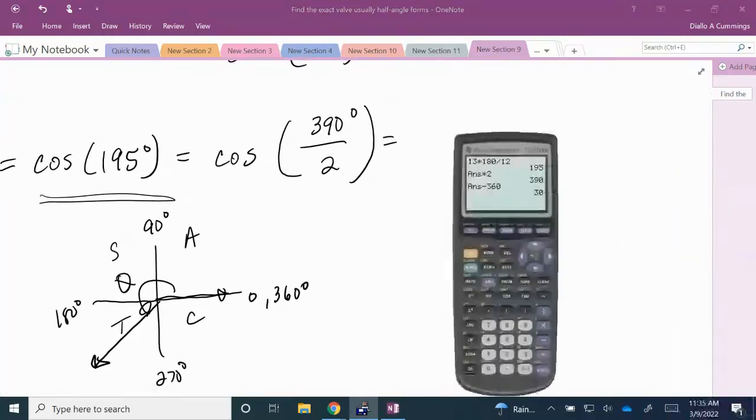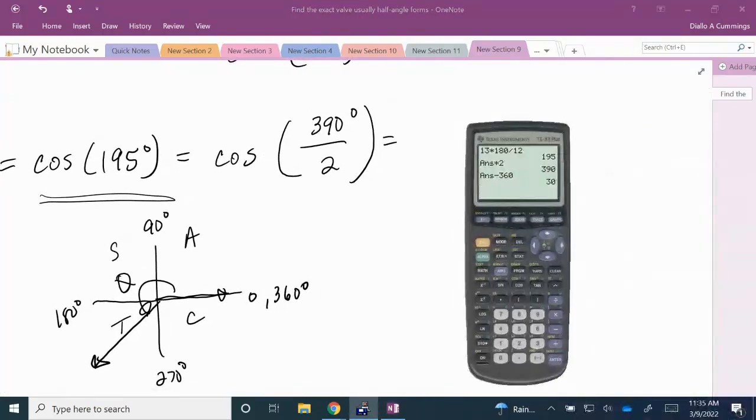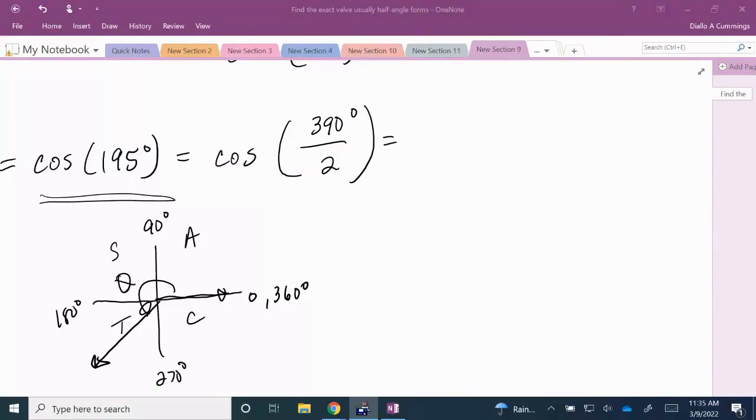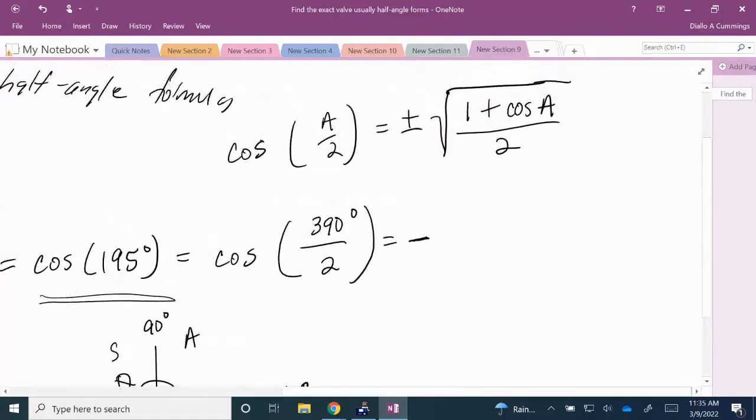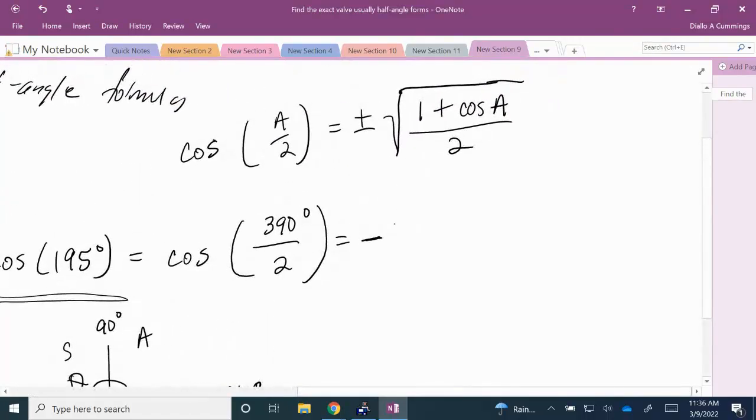So the cosine of 195 degrees should be negative. The first thing you want to do is establish your sign based upon the angle that you're actually trying to find. So we've established the sign.